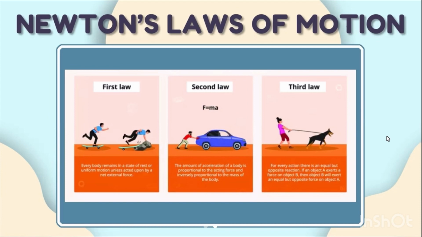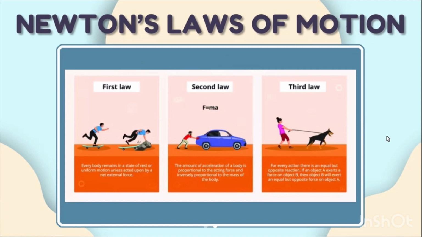For the second law of motion, the amount of force exerted on an object is proportional to the product of the object's mass and its acceleration. And lastly, for the third law of motion, when two things interact with each other, the forces that they apply to each other are equal in magnitude and opposite in direction.